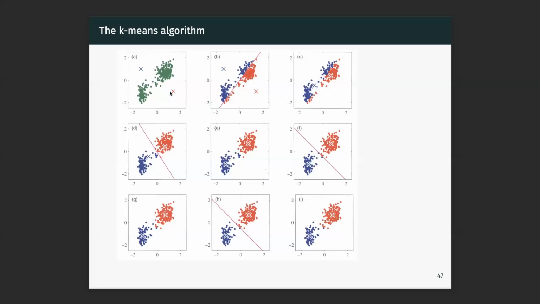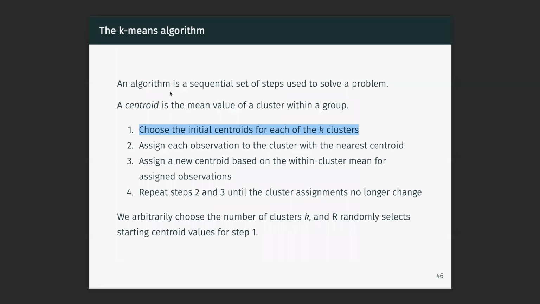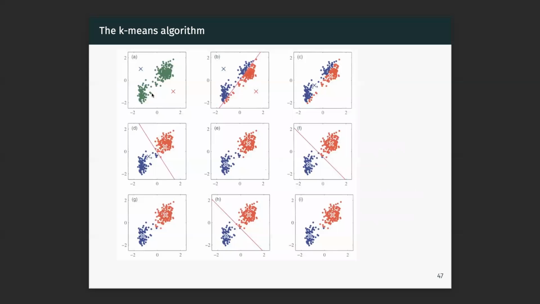So that's the k-means algorithm in a nutshell, right? We choose initial centroids. We assign each observation to the cluster based on proximity to those centroids.